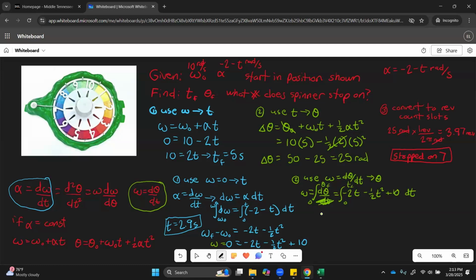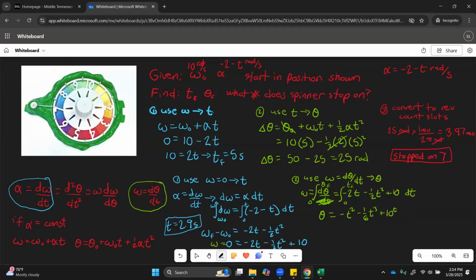All right, so we have theta equals the integral of all this: negative t squared, and then the 1/2 t squared integrates to negative 1/6 t cubed, plus 10t.